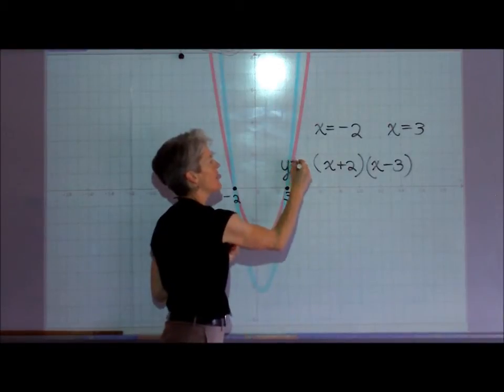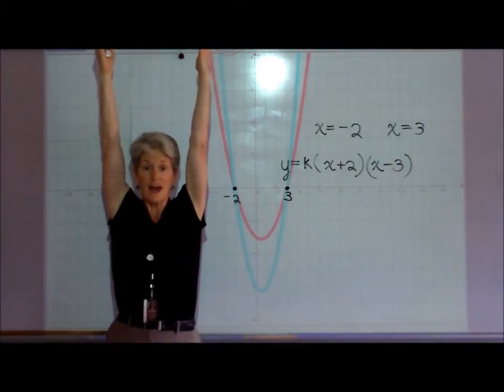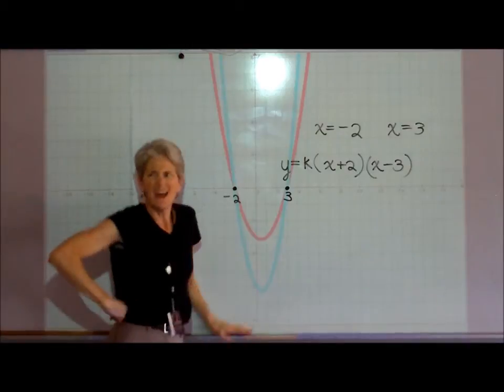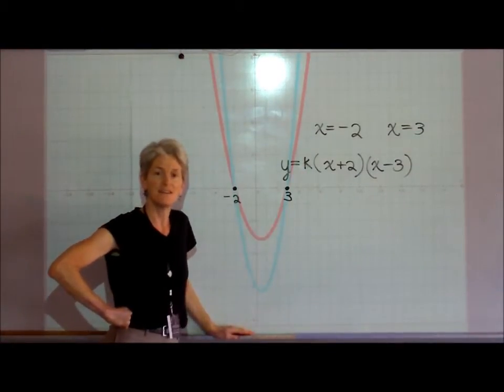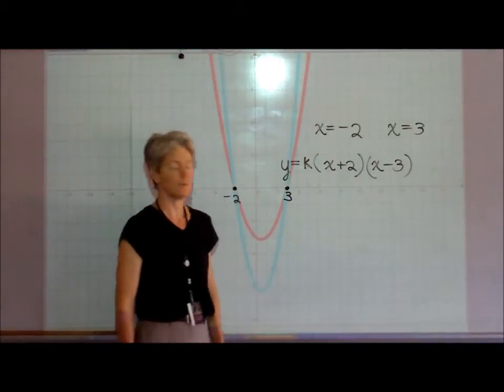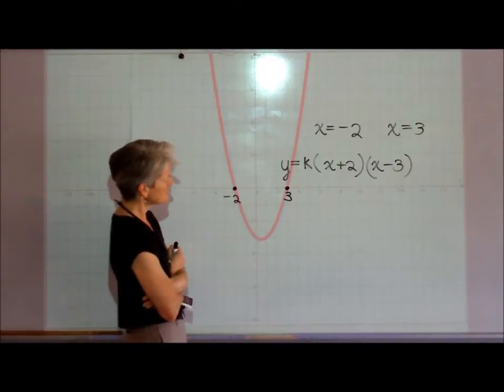There's going to be some number, k, that's going to determine how stretched out this function is. Could I actually find this k? Could I find what that constant is? I bet I can. Why don't you get rid of that wrong function, Mr. Haas? And let's go back to our original function here.